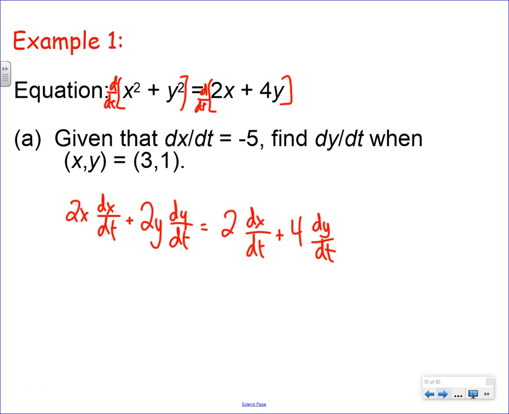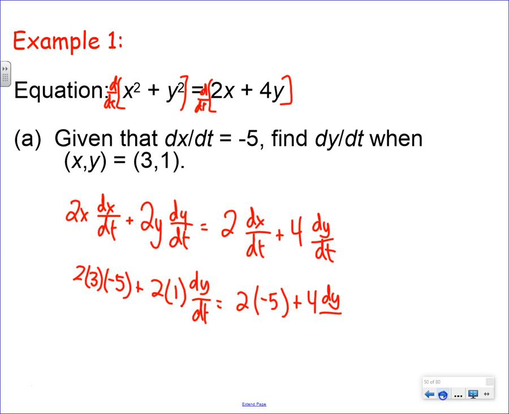So I could plug in 2 times x, 2 times 3, times negative 5, plus 2 times y, 2 times 1, dy/dt, don't know him yet, equals 2 times negative 5, plus 4 dy/dt, don't know him yet. So now I have numbers, which is considerably nicer because 2 times 3 is 6, times negative 5 is negative 30, 2 times negative 5 is negative 10.